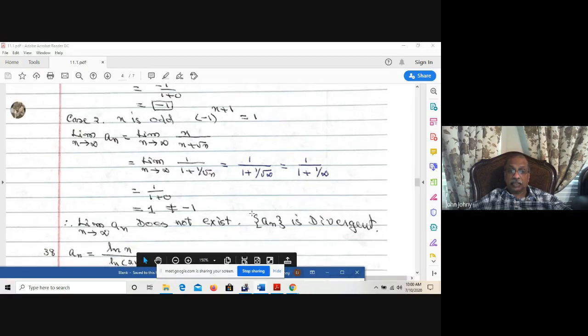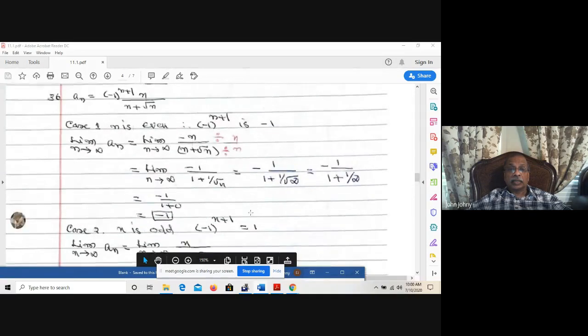The reason why it is an oscillating sequence is, let us graph it.